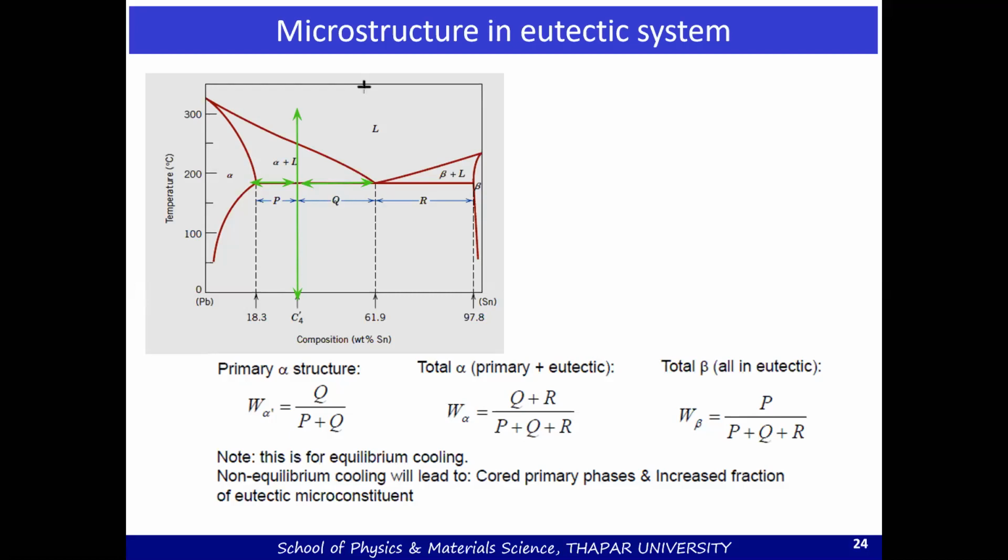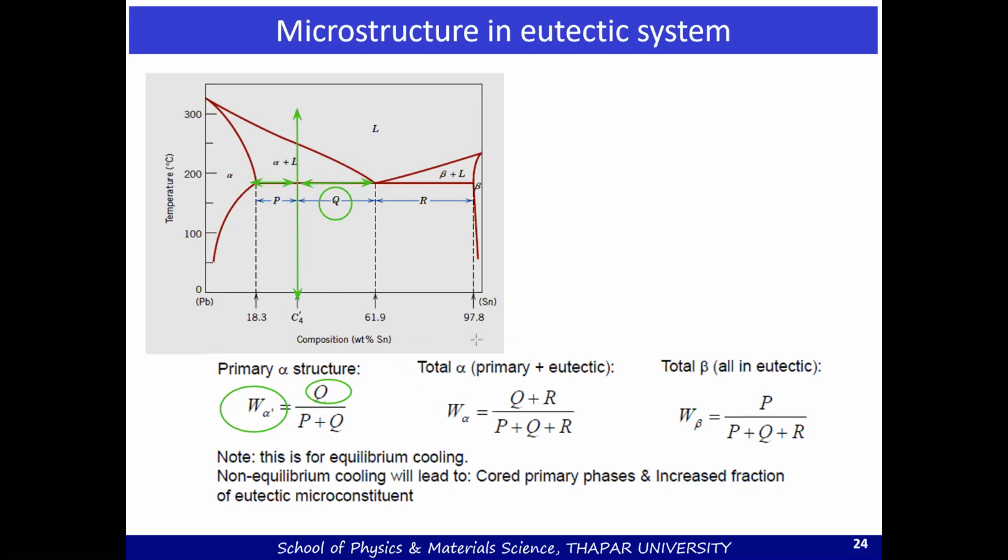Here you have one portion which is liquid, another is solid, and you want to define the fraction of solid, which is primary alpha, W alpha. To define the alpha side, you will consider the distance on the liquid side, which is Q. So it is Q upon total, and your total is P plus Q. So your primary alpha will have its weight fraction equal to Q upon P plus Q.